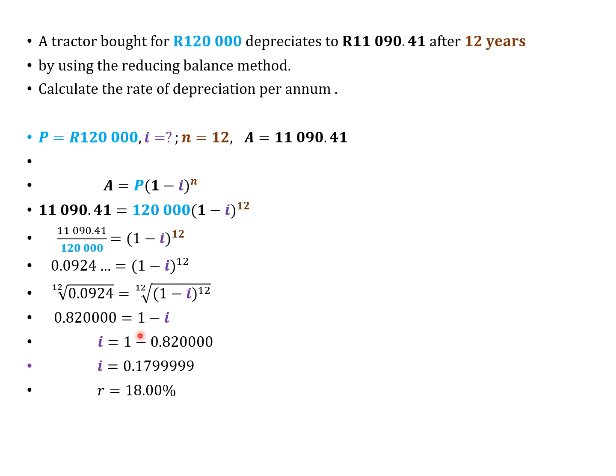So this tractor depreciated at 18% per annum. As I said, the key concept is we're testing your knowledge of surds. To get rid of the power 12, we use a radical sign, the 12th root.